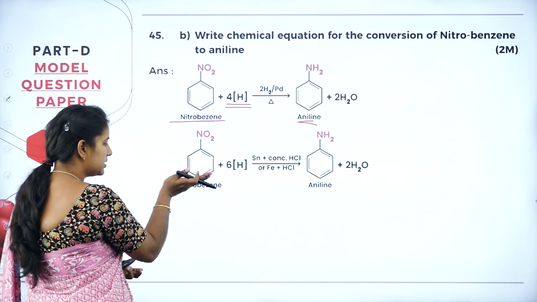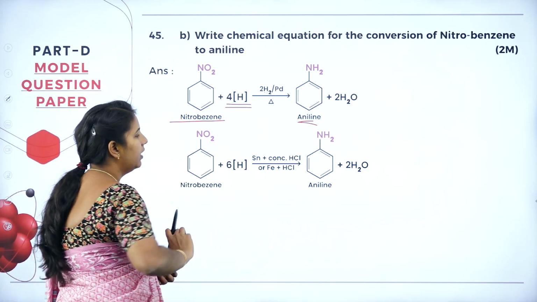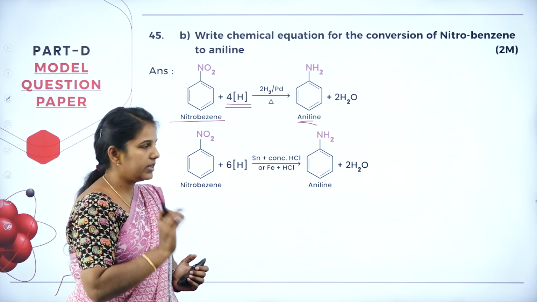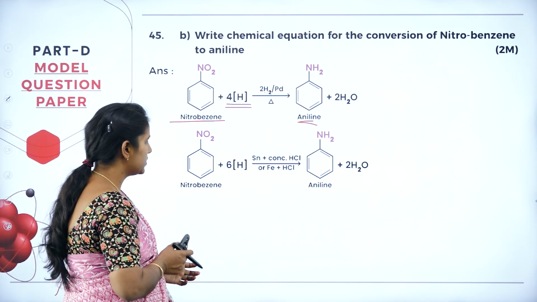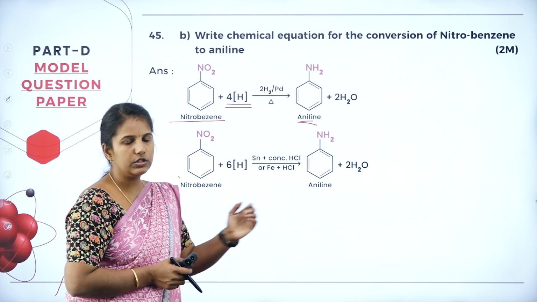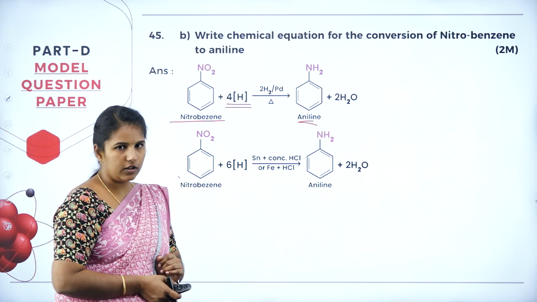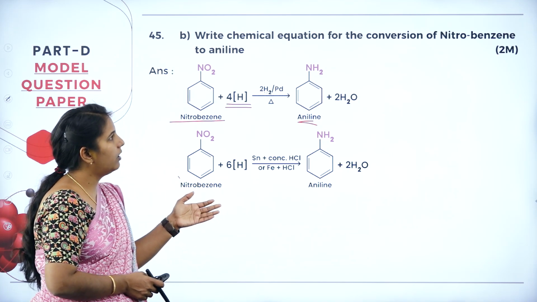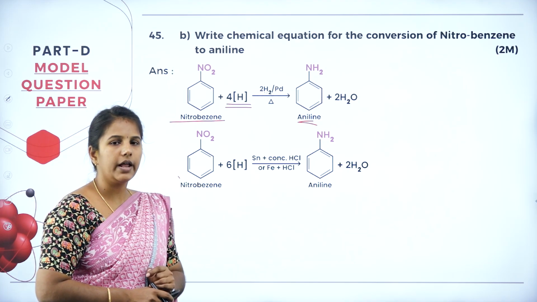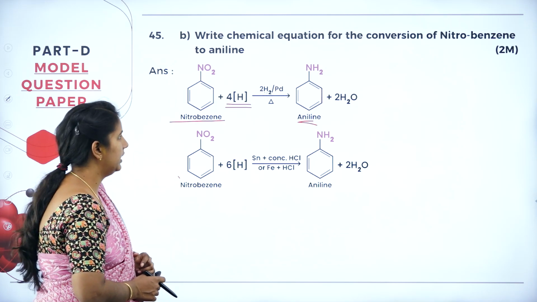If I carry out the same with nitrobenzene using stannous chloride with concentrated HCl or iron with concentrated HCl, it can reduce the nitro group on the benzene ring and form aniline with the formation of water. These two reactions you can remember for writing how nitrobenzene is converted into aniline.